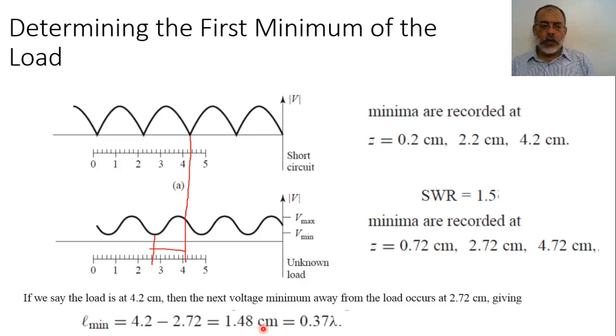Keeping in mind that the wavelength is 4 centimeters, dividing this value by 4 means that this value is 0.37 lambda.